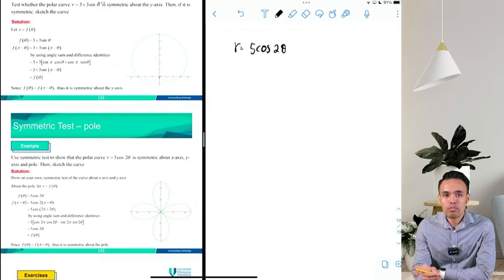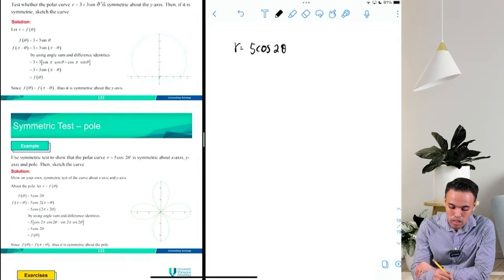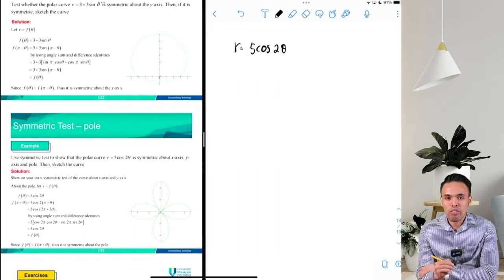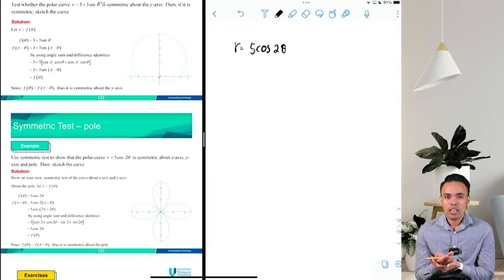So right now, I'm going to use whatever I have inside the slide presentation to demonstrate how to show that the curve is symmetric about the pole or the origin. If you cannot recall the formula, you should be able to relate it with the illustration which we have discussed earlier.